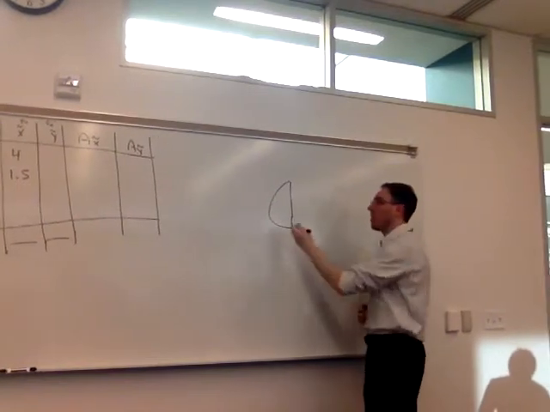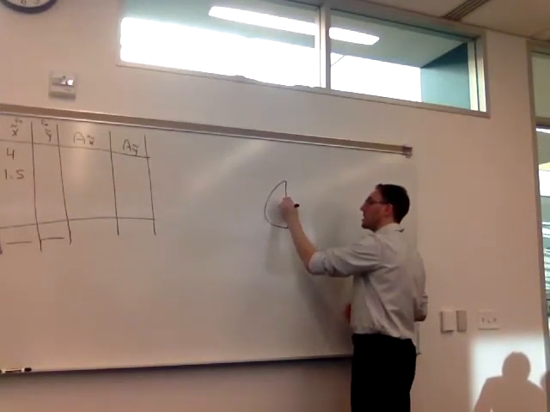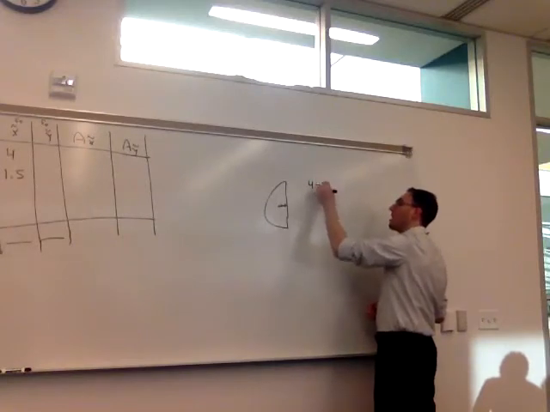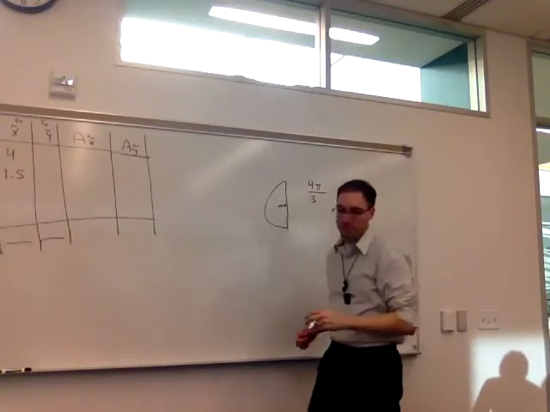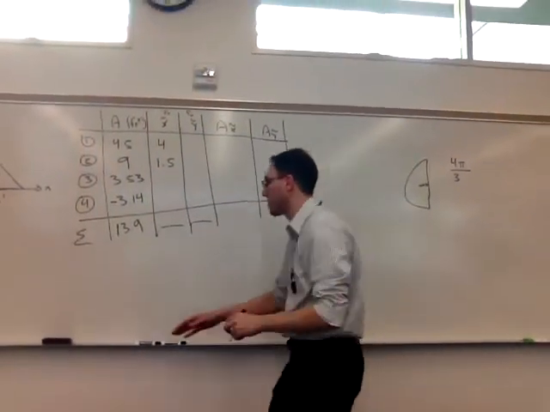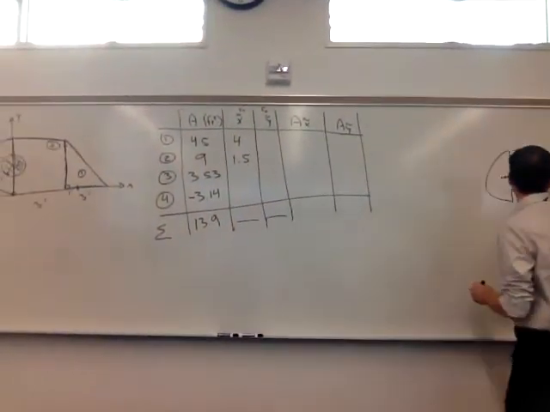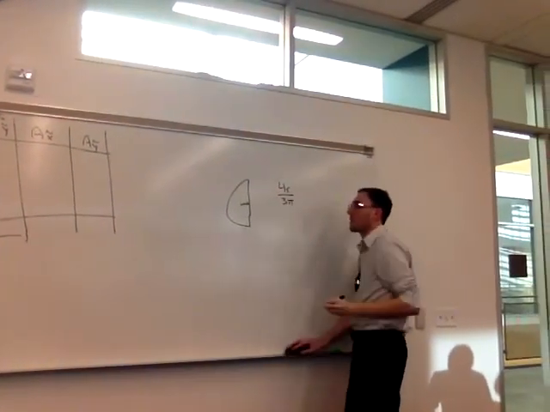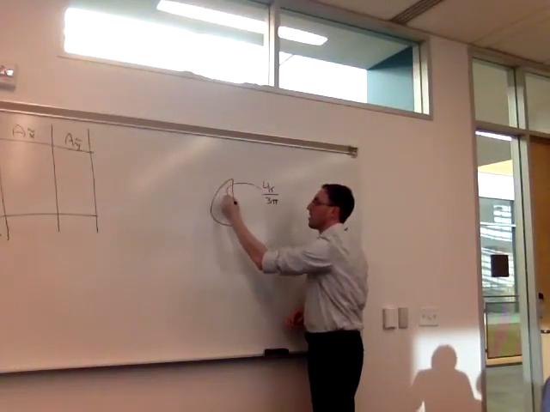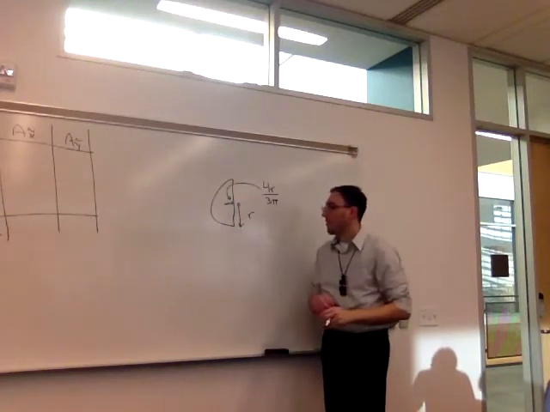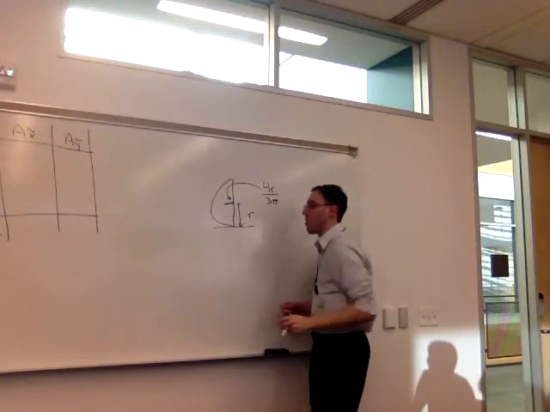If we have a half circle, the distance from the flat side of it is going to be 4r over 3 pi. And then from the bottom of it, it's just going to be r.